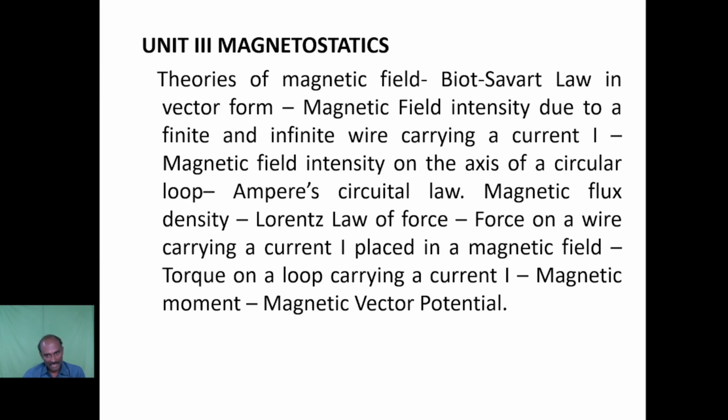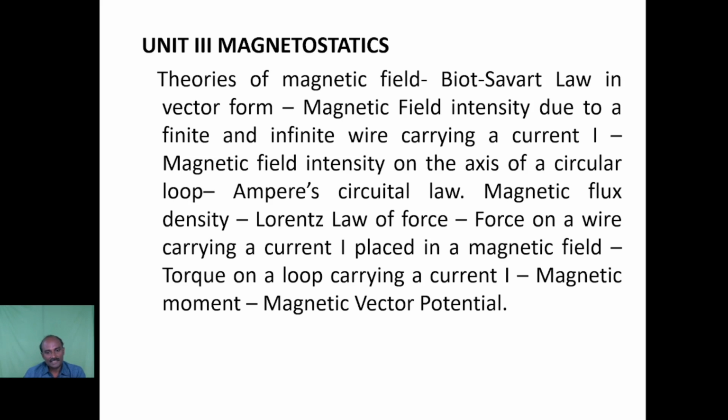We can find the strength of the magnetic field. Like Coulomb's law in electrostatics, here we have the Biot-Savart law. Using Biot-Savart law, we can find the magnetic field intensity due to a current carrying wire, a circular wire.